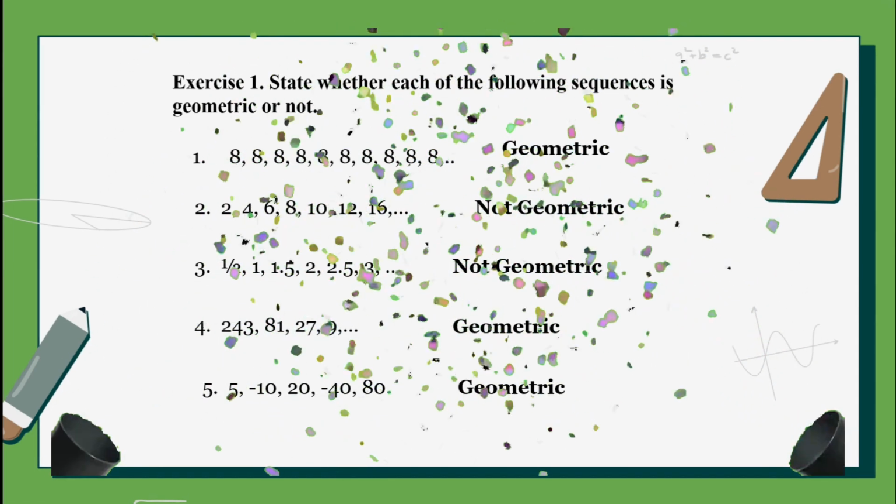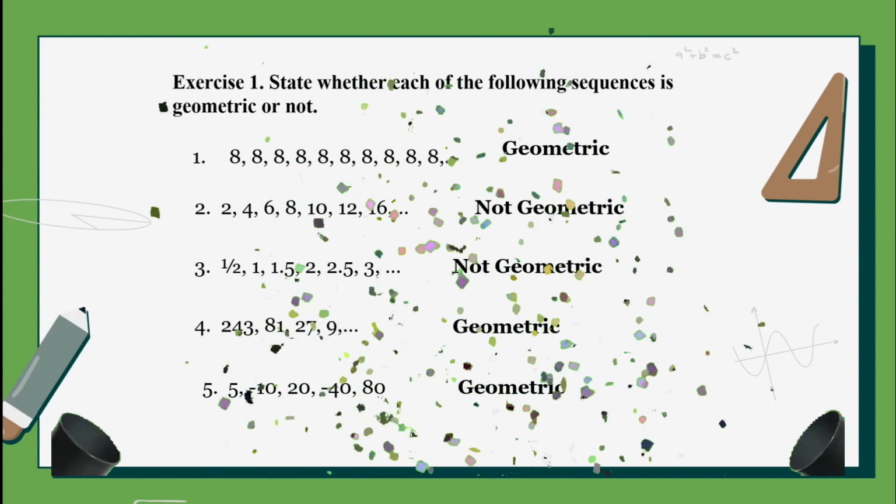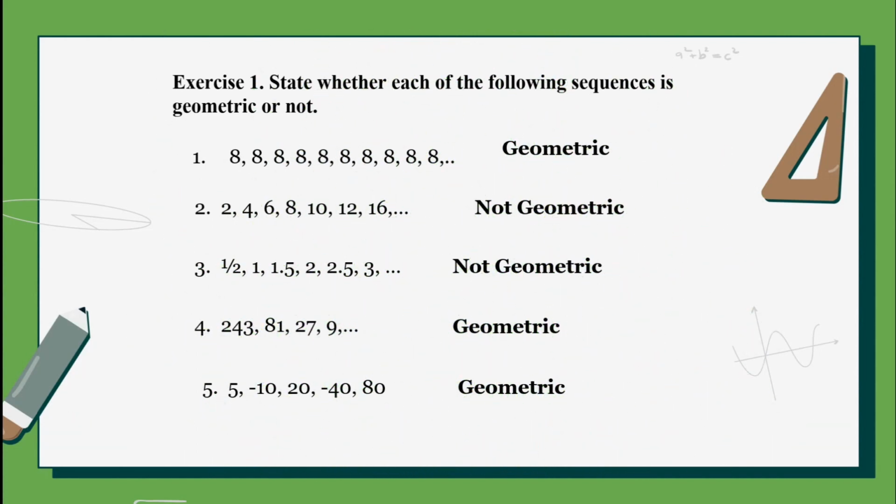Isa itong geometric sequence. So, each term is multiplied by negative 2 to get the next term. Hence, it is a geometric sequence with a common ratio of negative 2. So, ang common ratio niya ay negative 2.